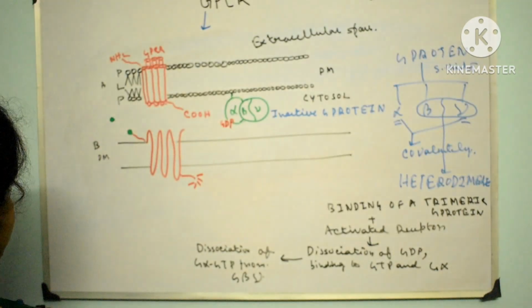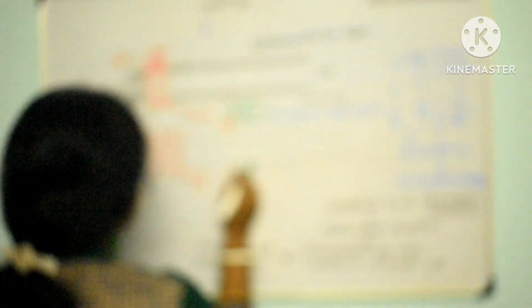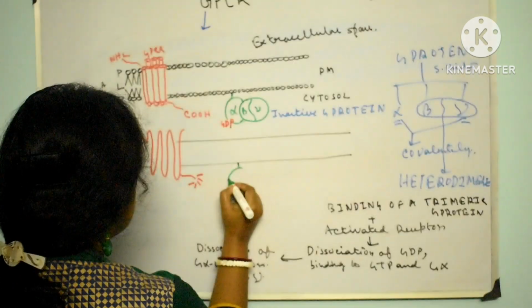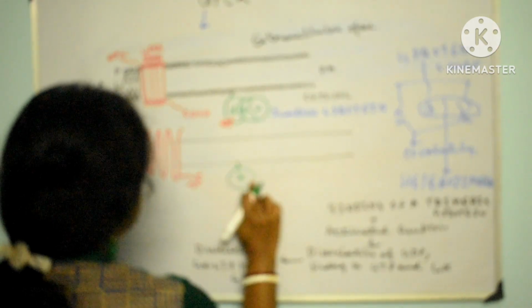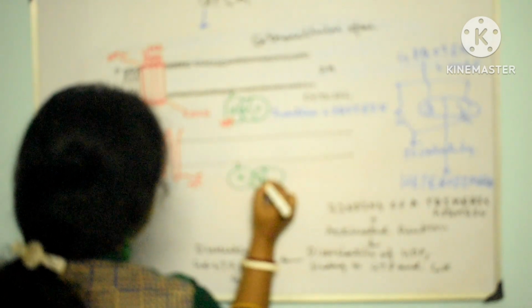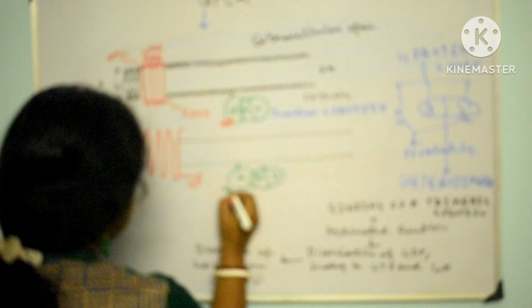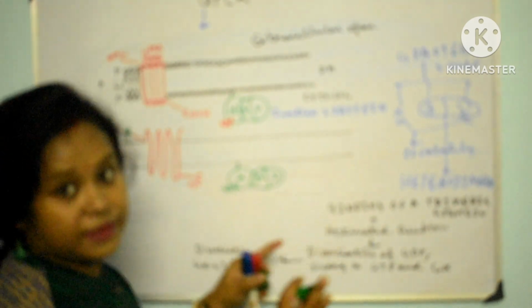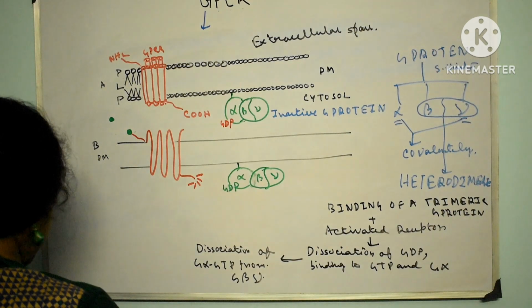And here G protein is present, alpha, beta, gamma, with GDP, inactive form. Now what happens?